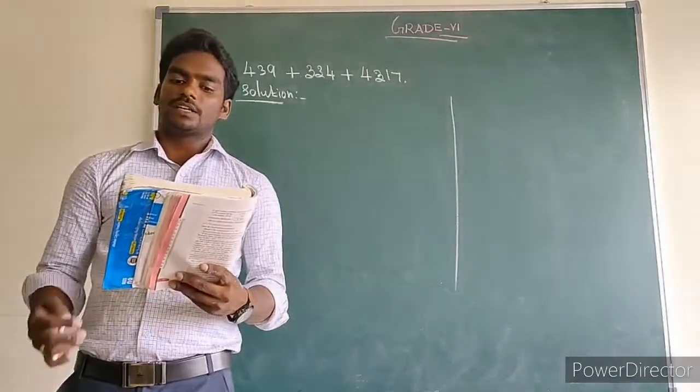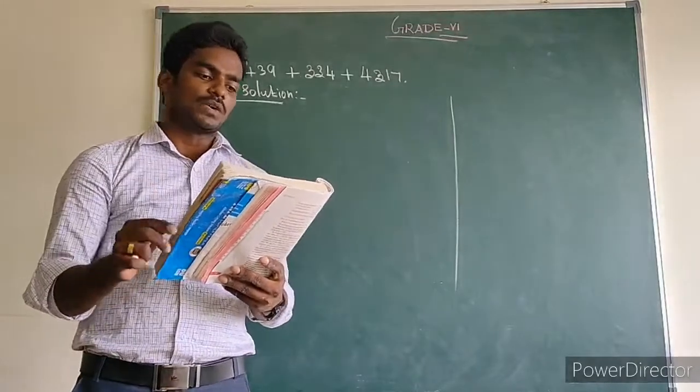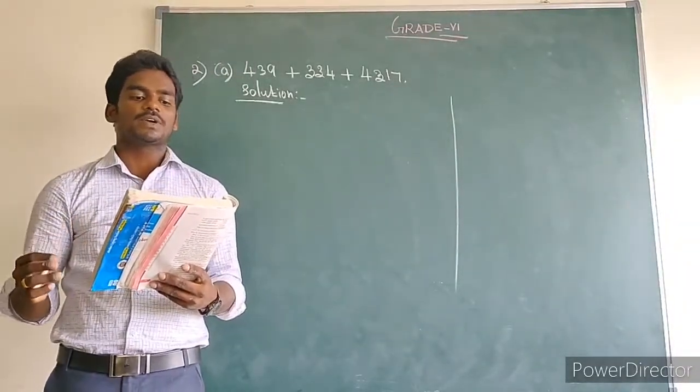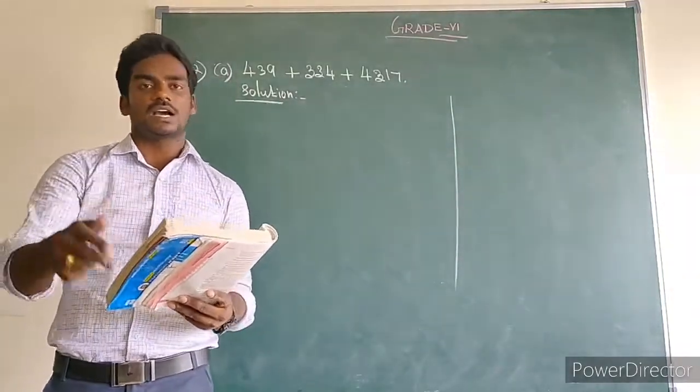So next, C and D questions are common sums, in your first pattern. Second pattern, see the second pattern. Give a rough estimate by rounding up to the nearest 100 and also a closer estimate by rounding up to the nearest 10. That means we want to find the nearest tens and the nearest hundreds.